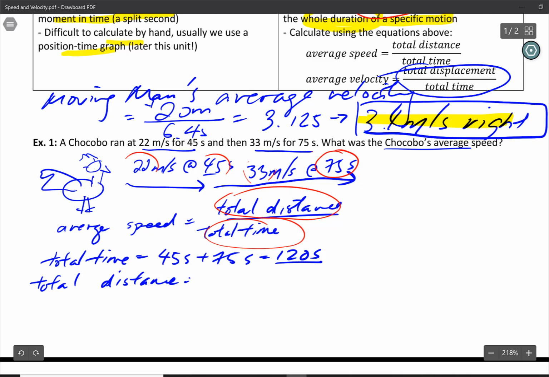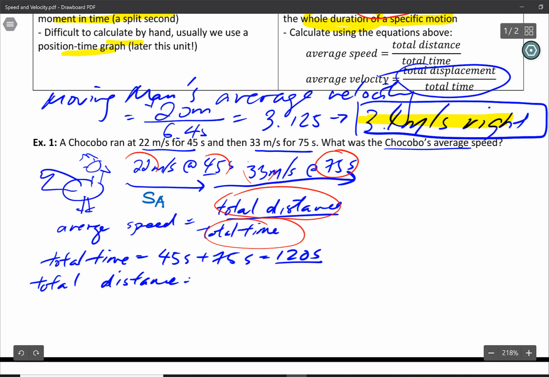Well, let me do a little bit of labeling. I will label the first segment. Let's say the first distance that the chocobo traveled at 22 meters per second is SA, and S is for displacement. It's in your data booklet.